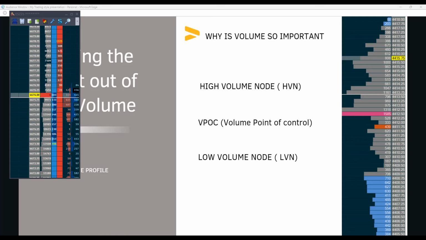It's really what kind of volume is being presented to you, and you're discovering support and resistance as the day continues, as the day develops. This way, it's not really a predictive or proactive trading method, but at the end of the day, you could really consider trading with volume profile in most liquid markets.